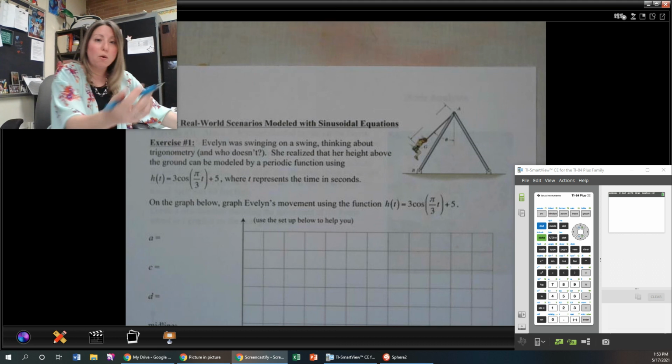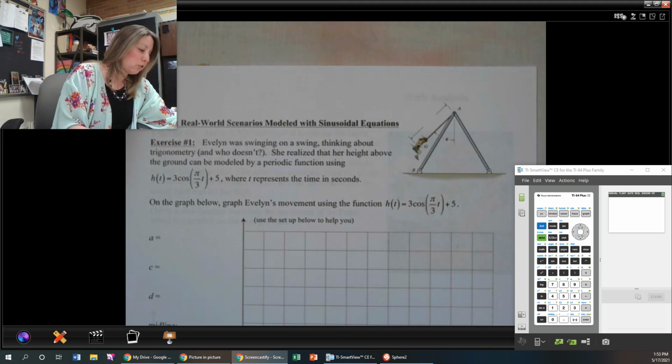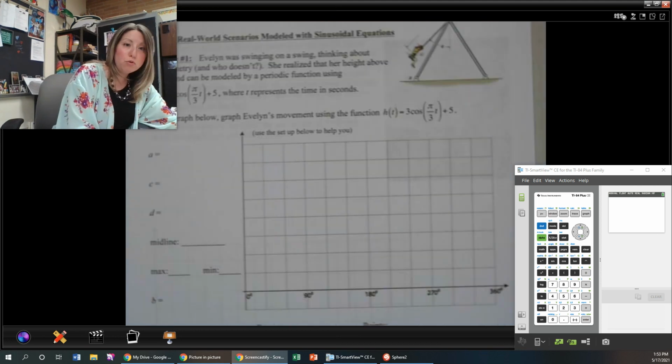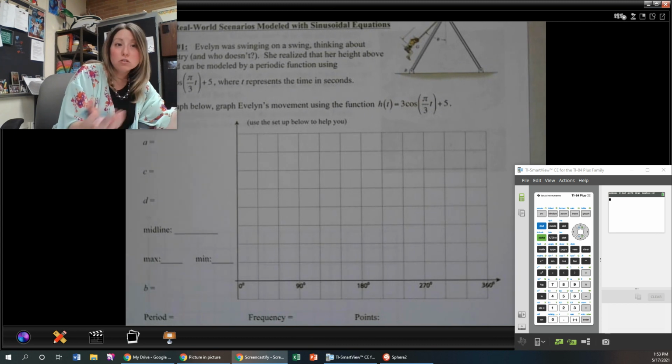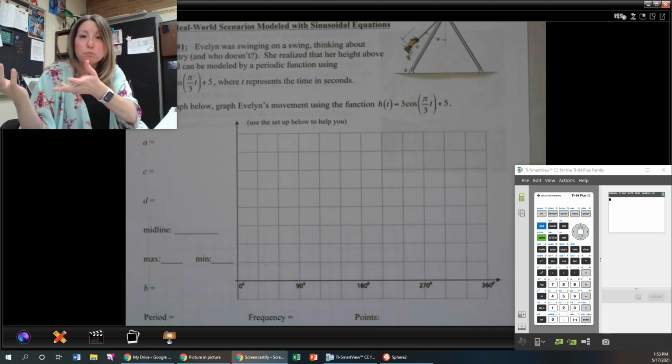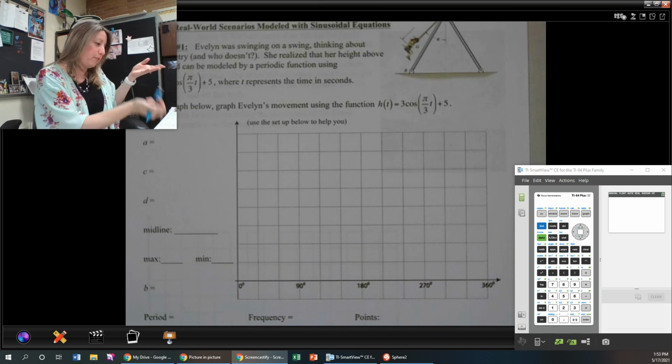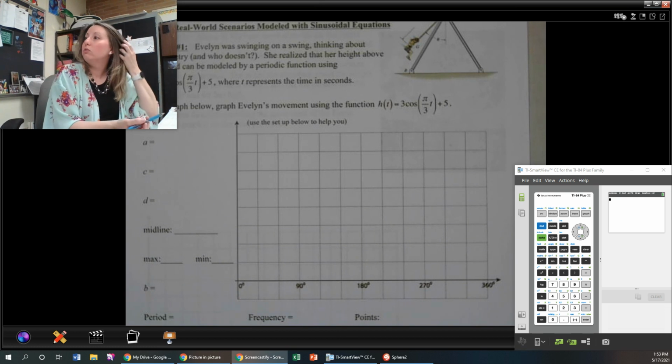Okay, so on the graph below, let's actually graph Evelyn's movement. So let's use all these little points here to help us with graphing Evelyn's movement in the swing, if this is the function that she is using.